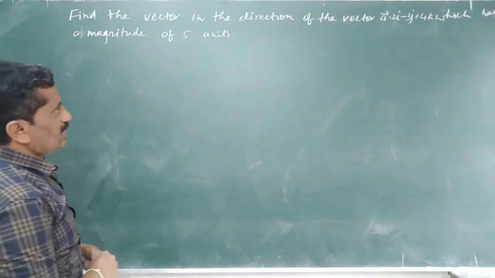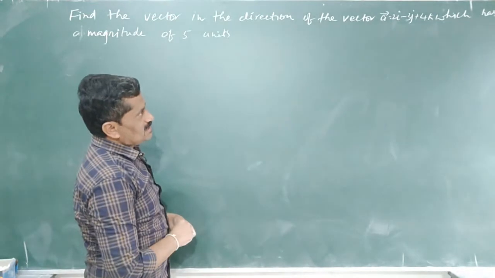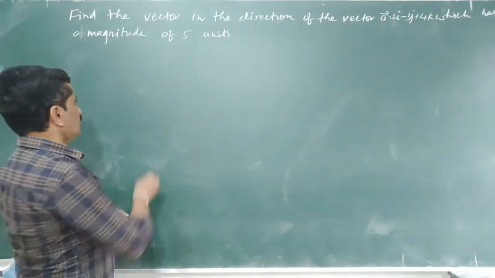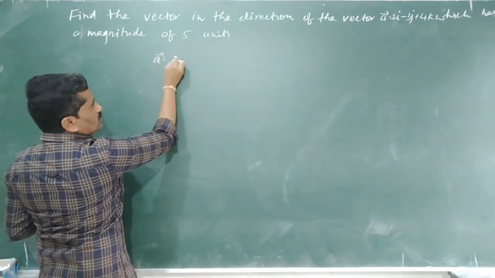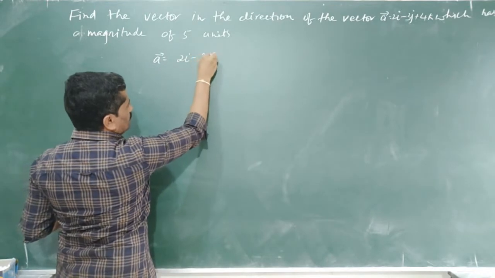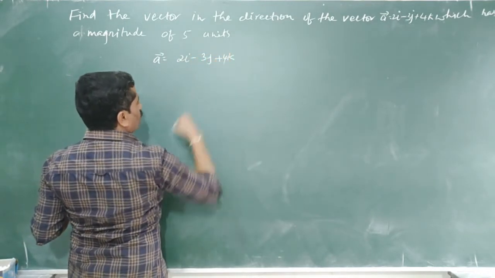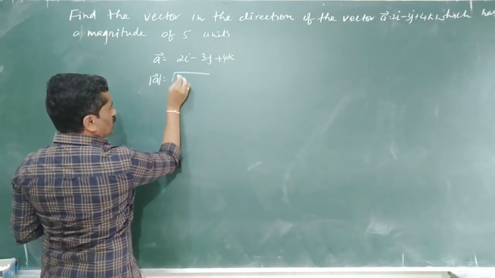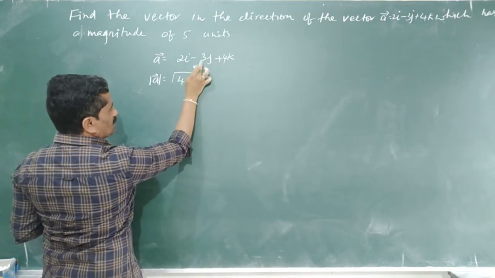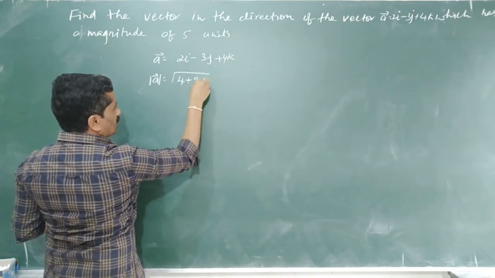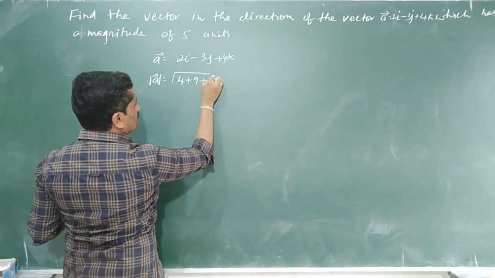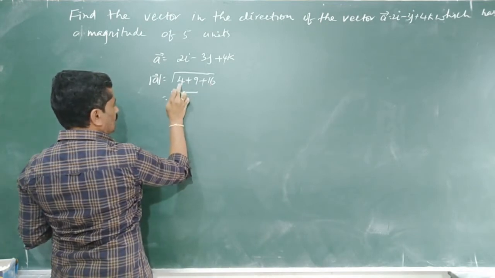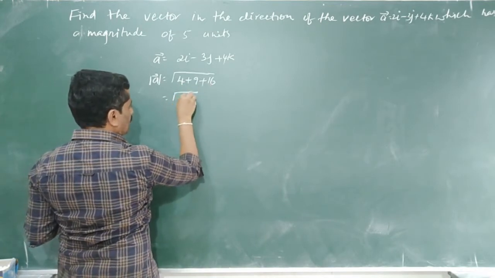Next, find the vector in the direction of the vector 2i minus 3j plus 4k which has a magnitude of 5 units. Similar question. Given A bar is equal to 2i minus 3j plus 4k. So the magnitude of A bar is the square root of 2 square, 4, plus (minus 3) square, 9, plus 4 square, 16, that is 16 plus 4, 20, plus 9, that is 29.